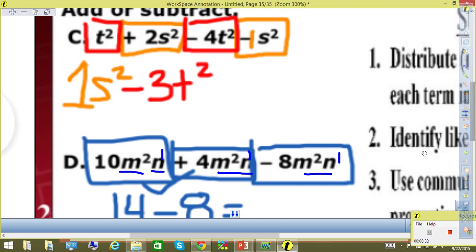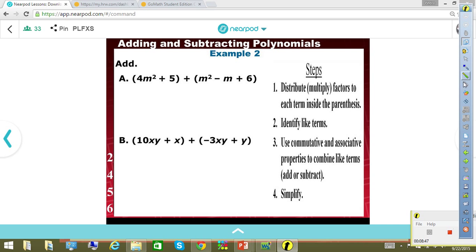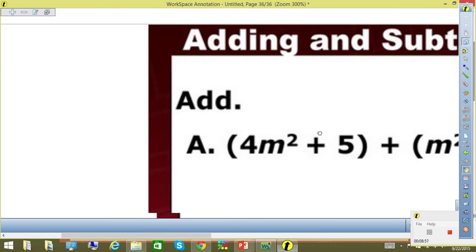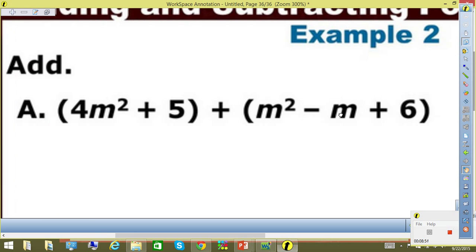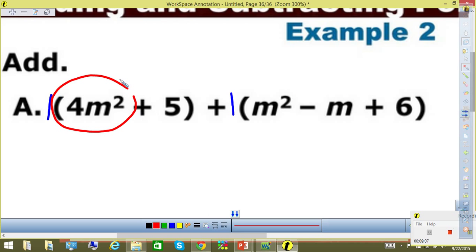So far, so good? All right, let's do another one. Here we go. All right, let's look at this one. This is example 2A. You don't have to copy this. Just pay attention. I said, since the coefficients here are 1 and 1, when we multiply these out, we end up with the same thing. Is that correct? So we start by circling the first term. Is there another m squared? Yeah, right here.